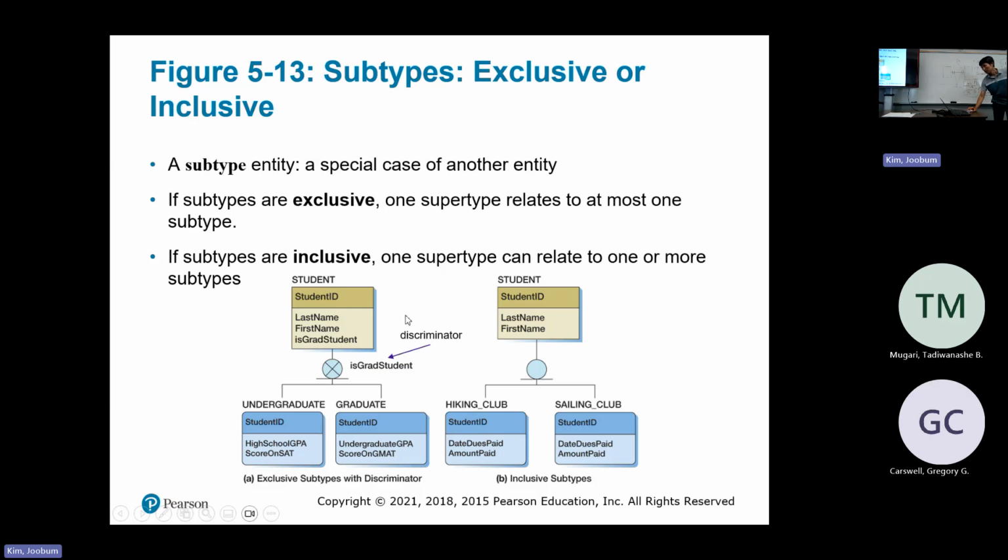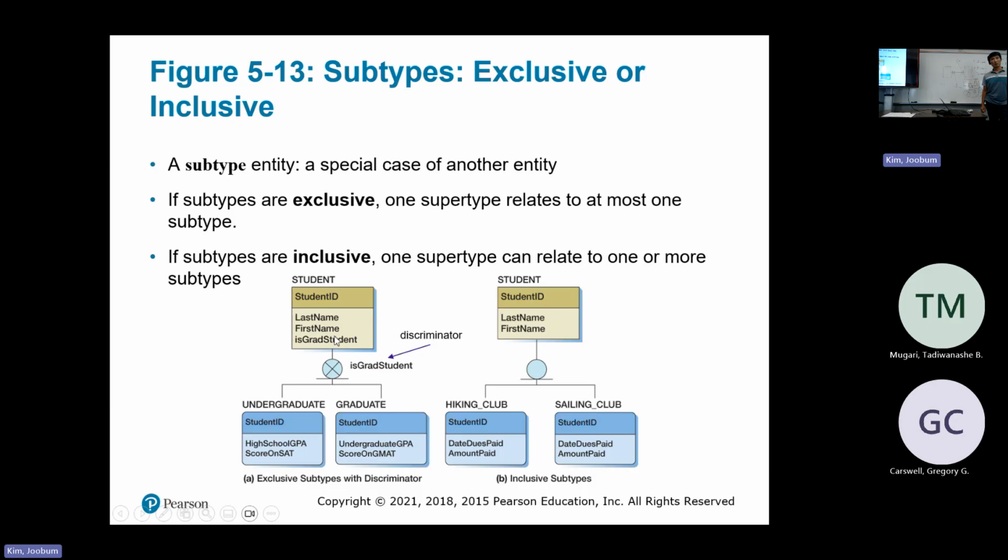So think about student. There are two types of student. Undergraduate, and graduate, right? So undergraduate is also a student. Graduate is also a student. So student has common characteristics, common attributes, ID, name, and so on and so on.